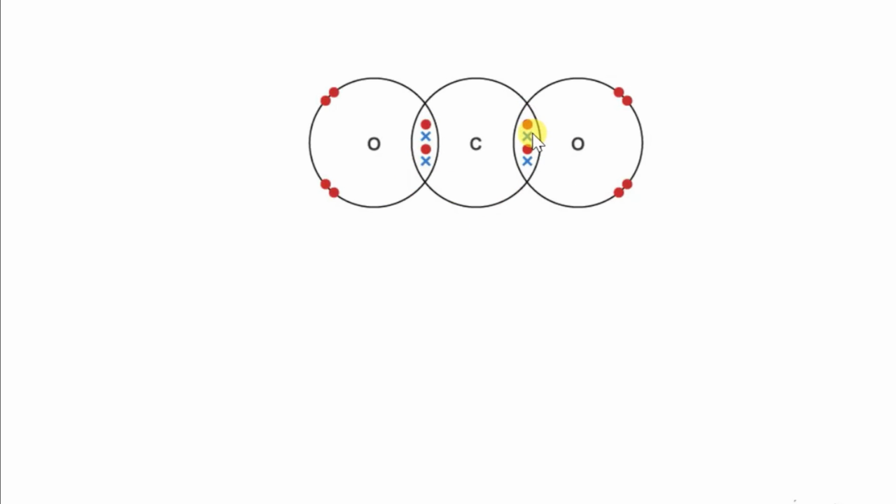And what that means now is the carbon atom also has 8 electrons in its outer shell, so it has a full outer shell and both atoms are stable. This can be represented as oxygen, and a double bond represented by an equal sign, carbon double bonded to another atom of oxygen. Okay?